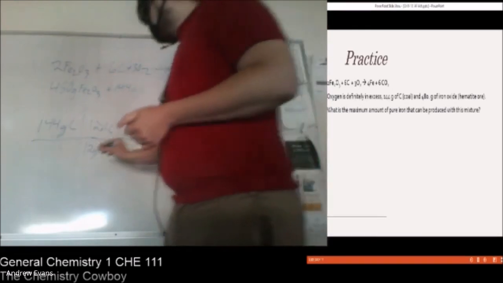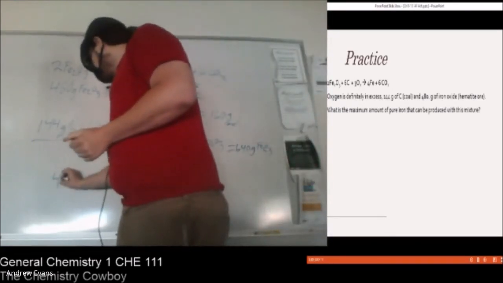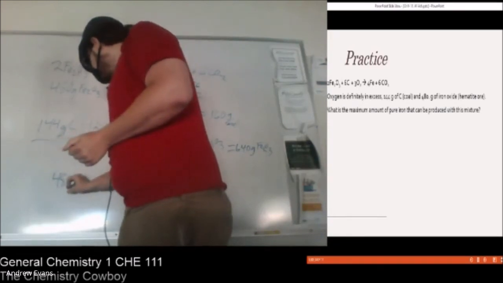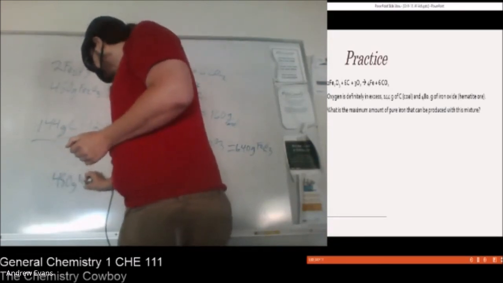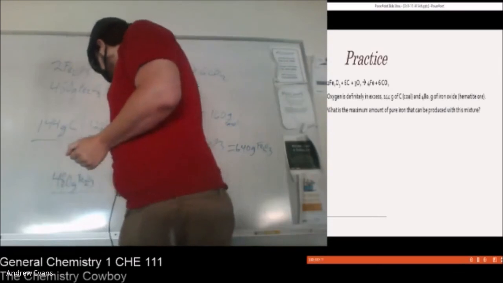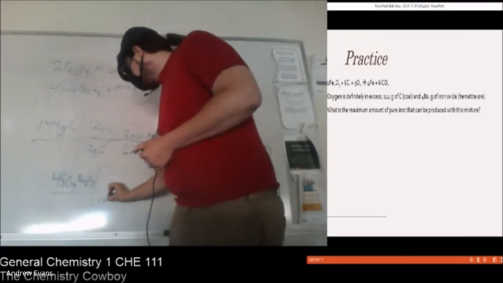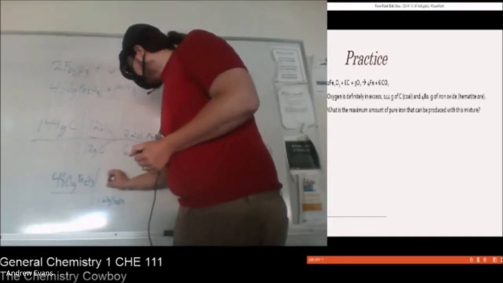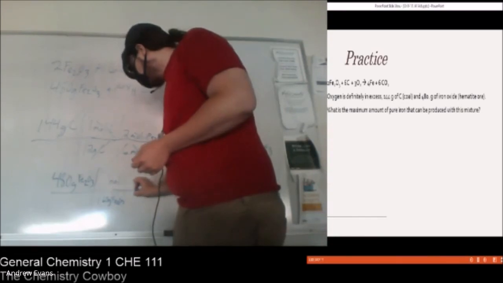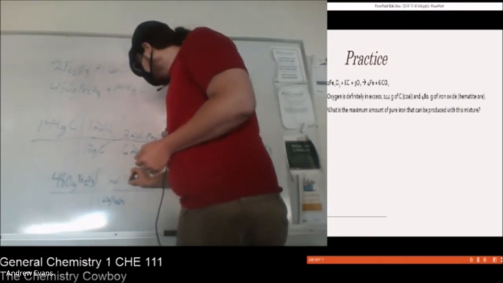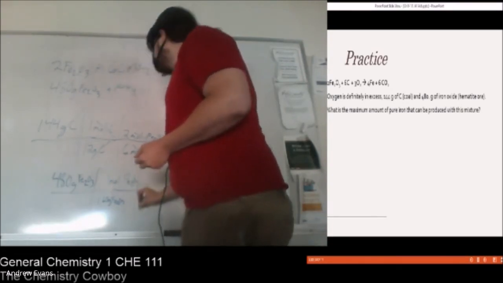So we're going to take 480 grams of iron oxide. I'm going to turn this into moles of iron oxide. 160 grams Fe2O3, 1 mole. Look at the balanced equation.